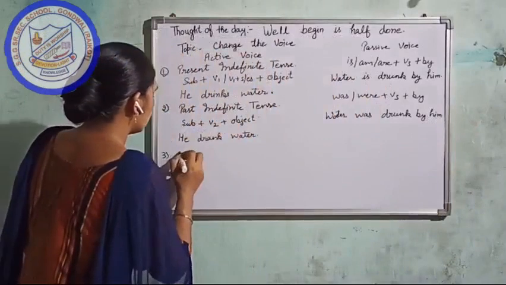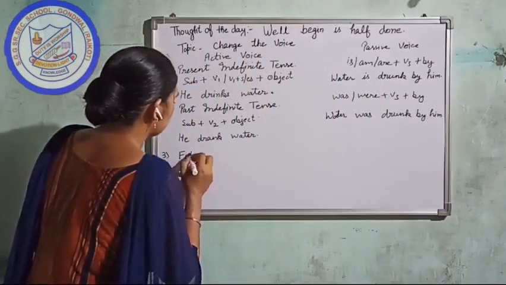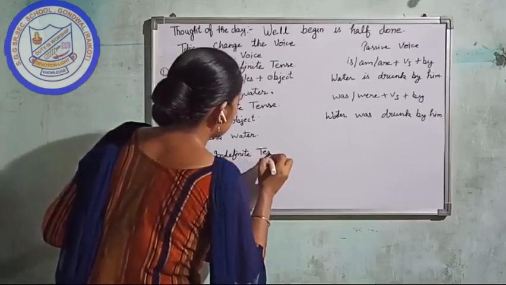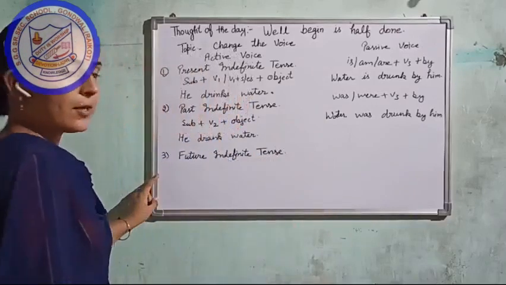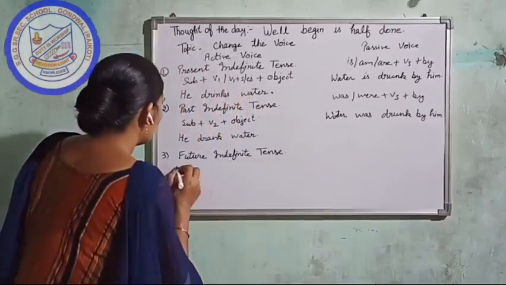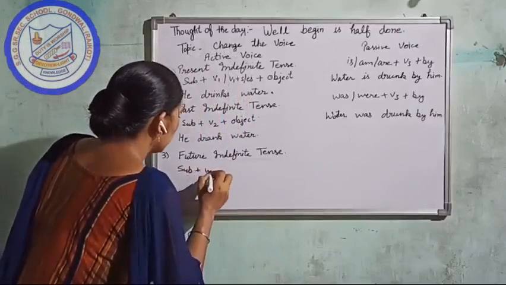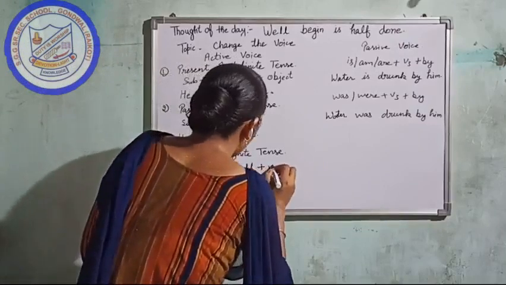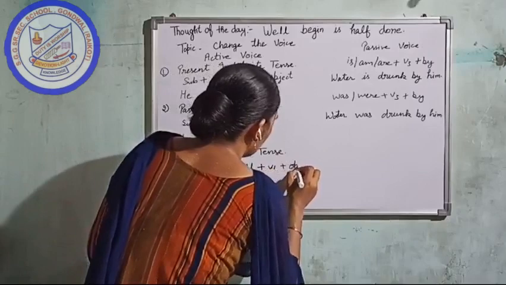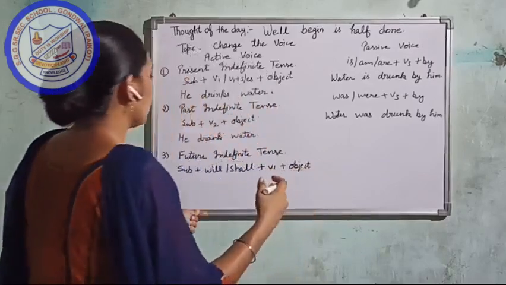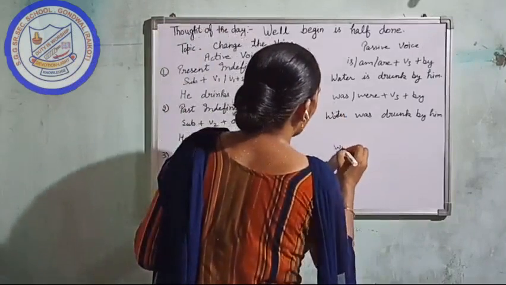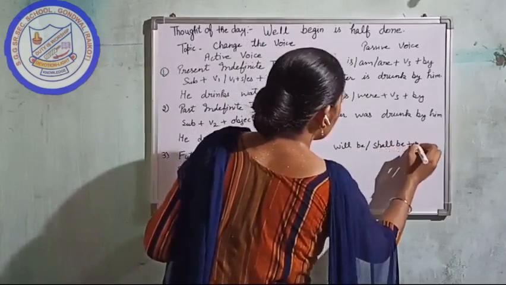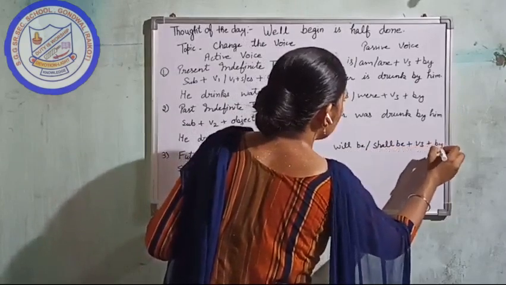Third, future indefinite tense. What is the rule of future indefinite tense, students? Yes, it's subject plus will or shall plus B1 and object. What is the rule of passive voice? Will be, shall be plus B3 and by.